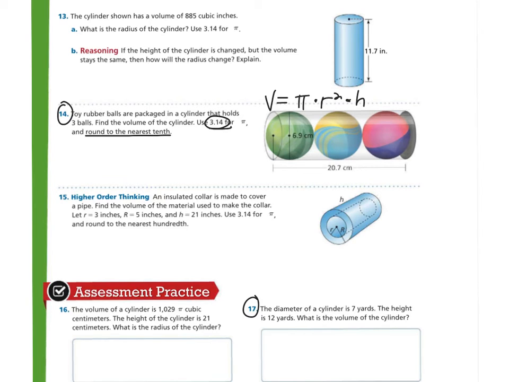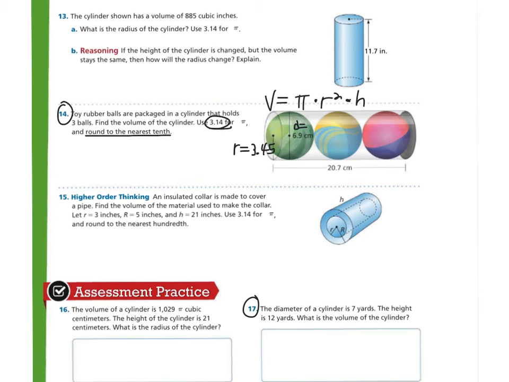In this case, we don't have a radius. Instead, we have a diameter. So the diameter is 6.9 centimeters, which means the radius is half of that distance. So what is half of 6.9? The radius in this case is 3.45.